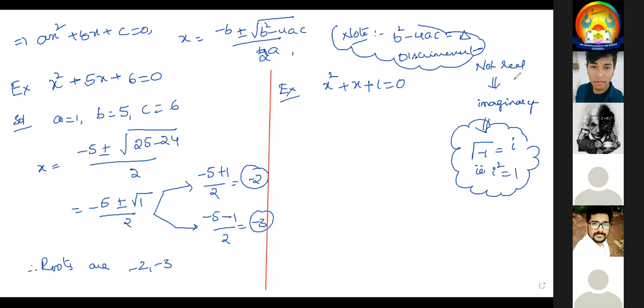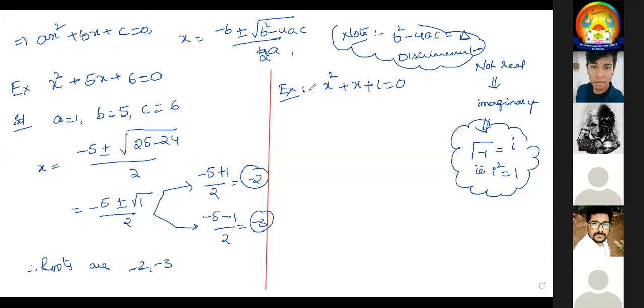See, when we solved this particular question x square plus x plus 1 equal to 0 in the factorization method, we said no real root. But no real root means there will be other roots also, called imaginary roots or complex roots.